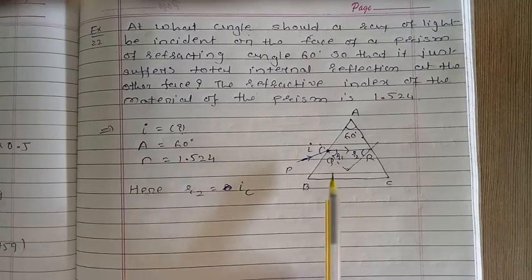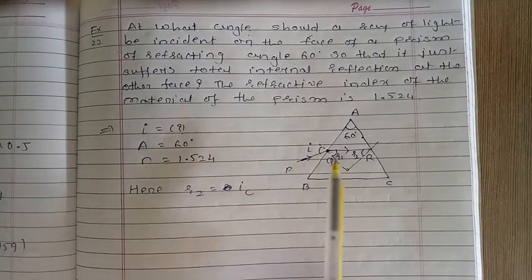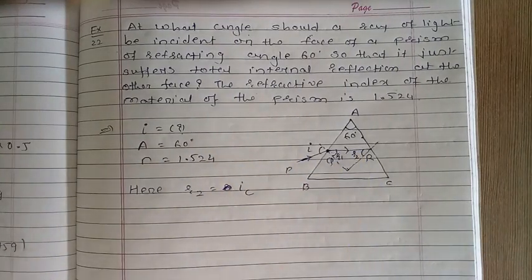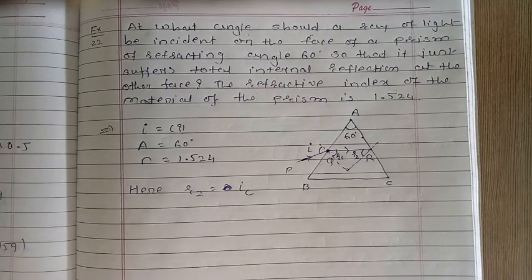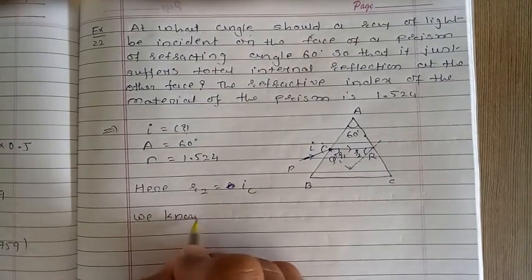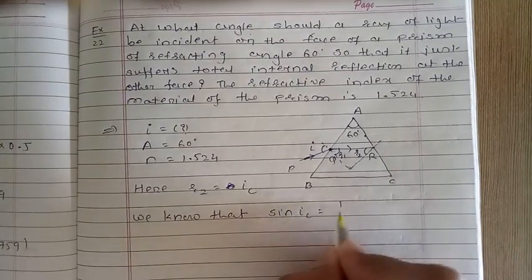To find the value of R1, we know the formula R1 plus R2 is equal to A. So first, to find I we have to find R1, and to find R1 we have to find R2, because R1 plus R2 is equal to A. Here R2 is equal to IC, and we already studied that sin IC is equal to 1 upon n.